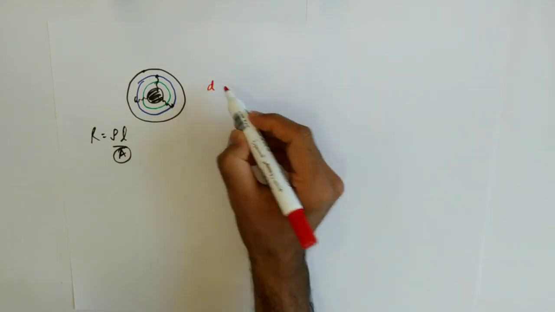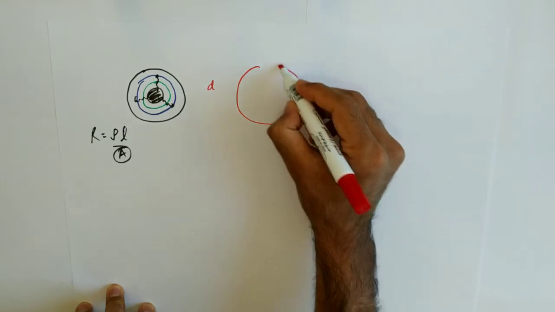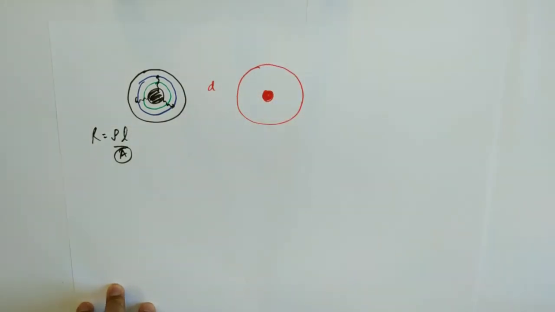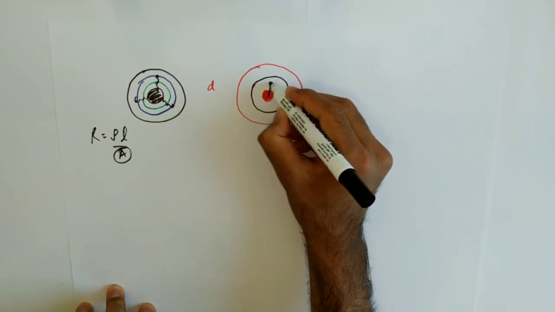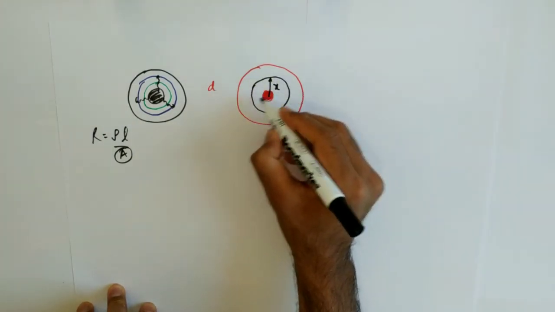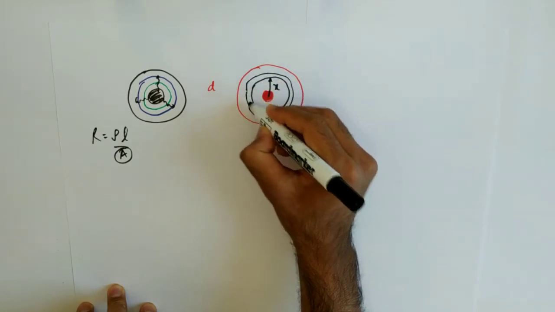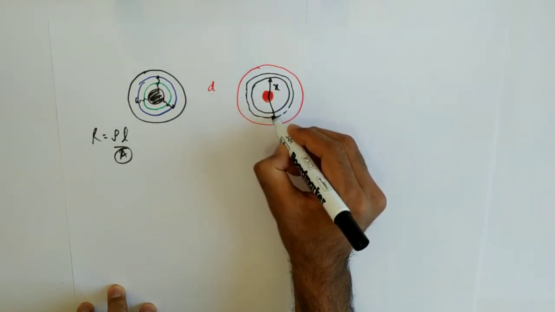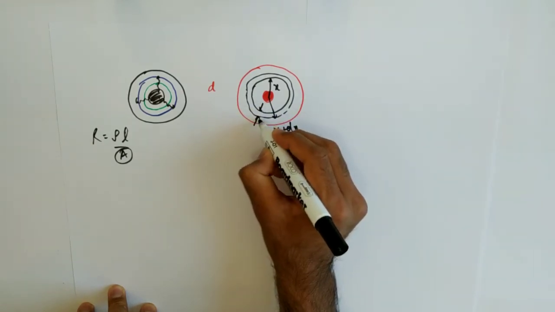We will take a smaller element. Suppose this is your cable and this is your conductor. Let us suppose at distance x from the center of this conductor there is a cylinder and a cross section, and at distance dx, that is x plus dx from here, this thickness is only dx.